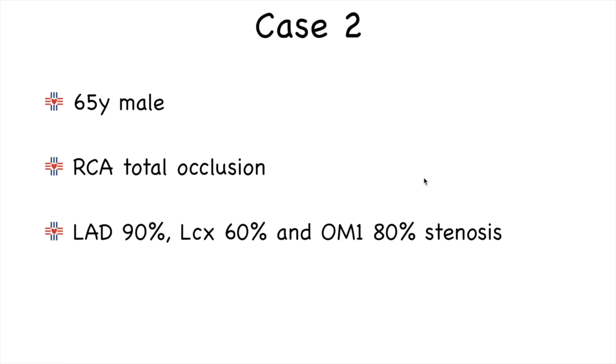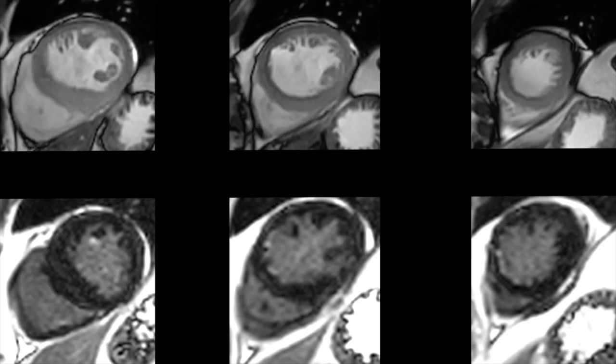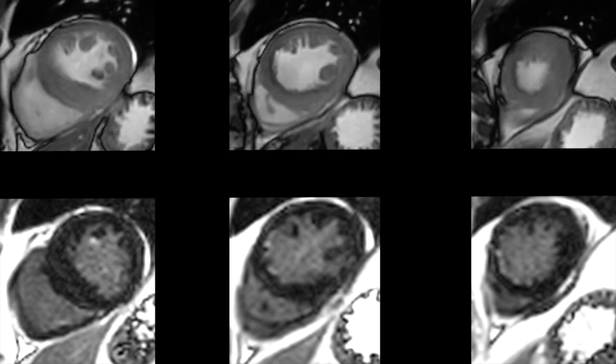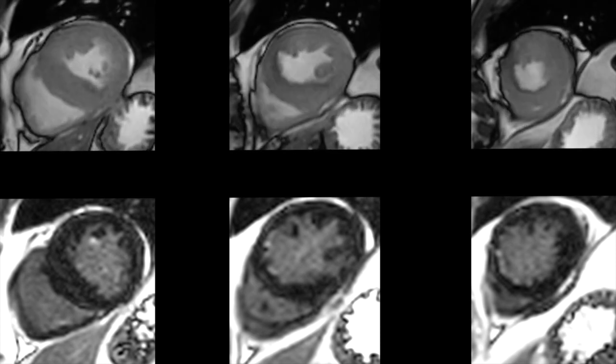This is a 65-year-old male who has total occlusion of the right coronary artery. LAD had 90% stenosis, LCX 60% stenosis, and an OM1 branch had 80% stenosis. So again, we look at the functional images at the top and delayed enhancement imaging at the bottom.